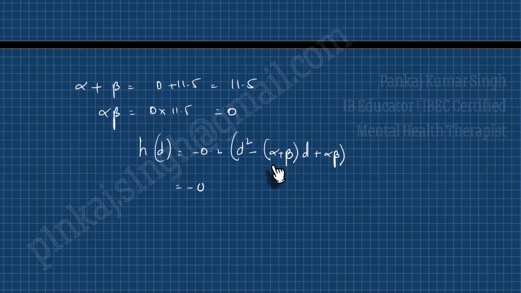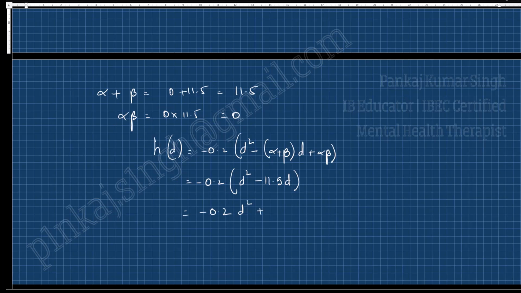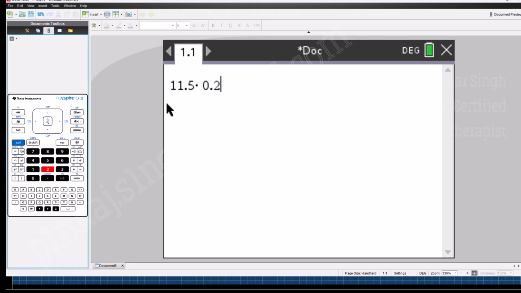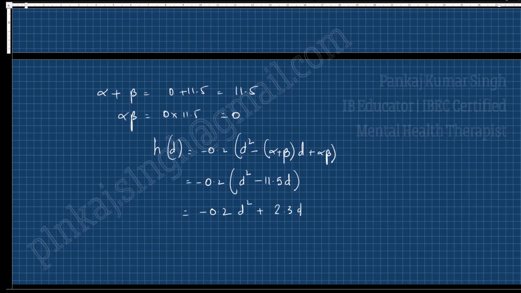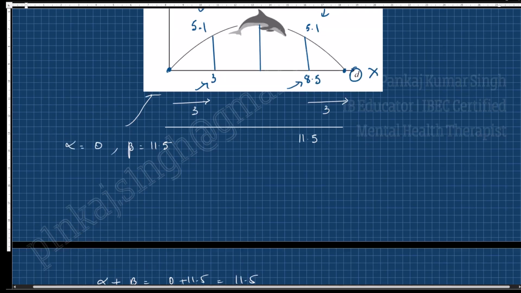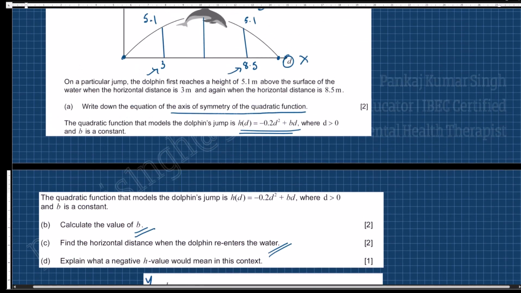So this is further minus 0.2 times d square, the sum of the roots is negative 11.5 d. The product of the roots is of course 0, so I don't need to write that. So this is minus 0.2 d square plus 2.3 d. So now that I have the quadratic equation, a lot of my questions get answered over here itself.